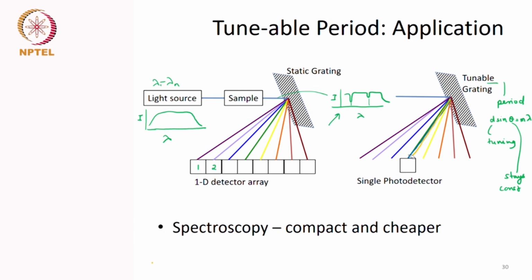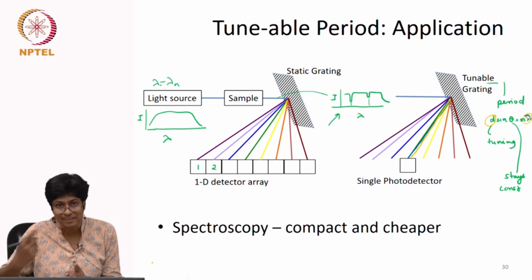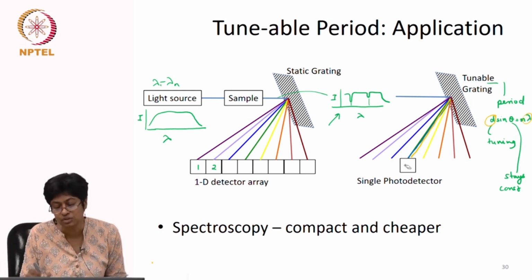So for the photodetector, I need now only a single photodetector. It stays in one place, but because I'm changing this parameter, each wavelength in turn is getting imaged onto this photodetector.